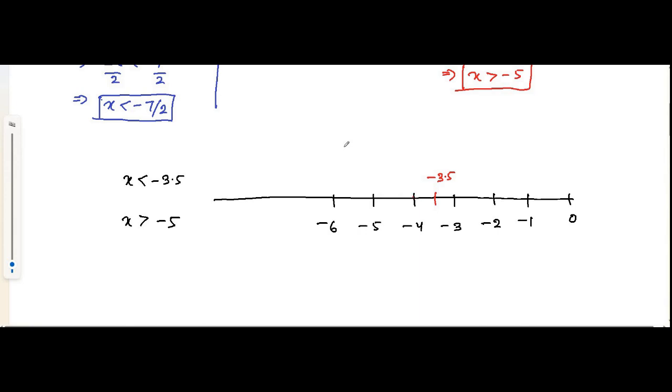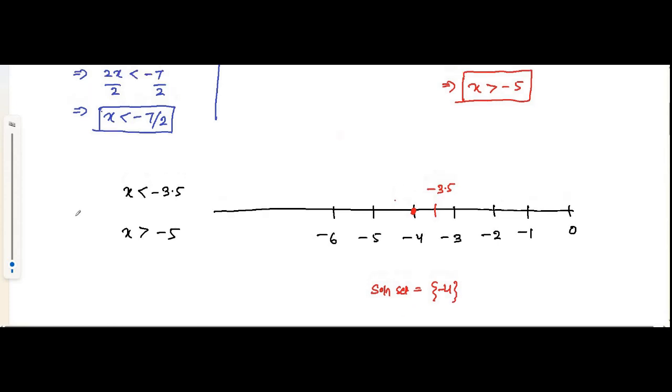So this is the only solution which satisfies both of these criteria. So the solution set is minus 4. If you want to write it in this way, the solution set is {-4}. This is the only solution here which satisfies both of these criteria.